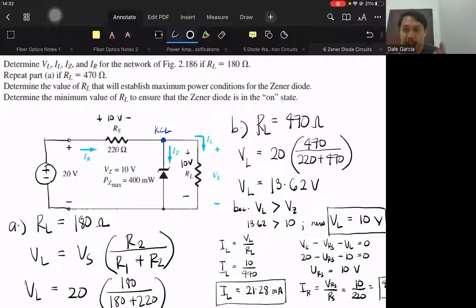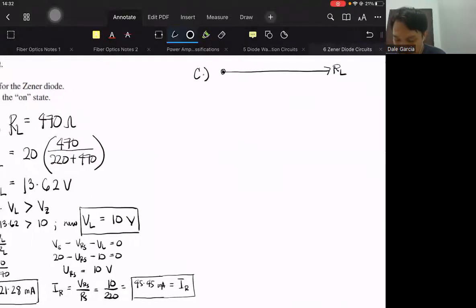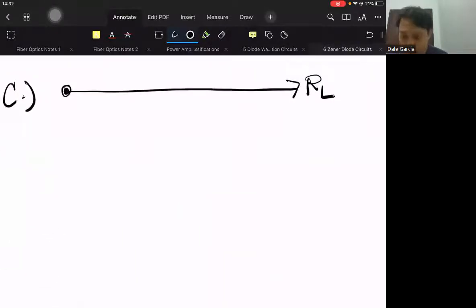So the questions ask for the actual range of values. Determine the maximum value of RL that will establish maximum power conditions for the Zener diode, and the minimum value of RL to ensure that the Zener diode is turned on. So what are those minimum and maximum values?